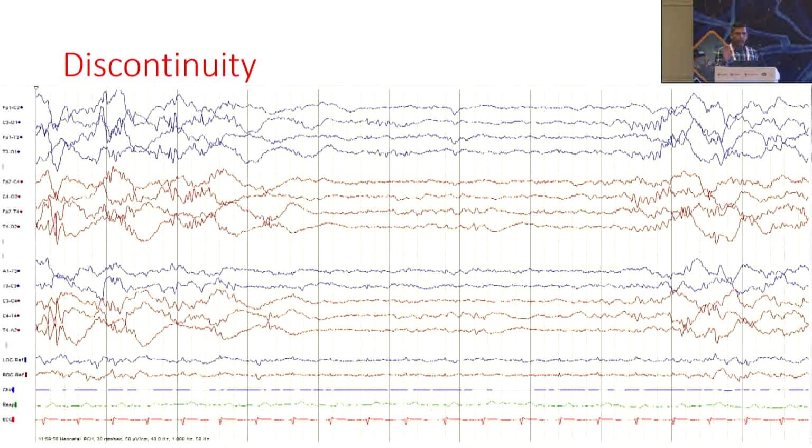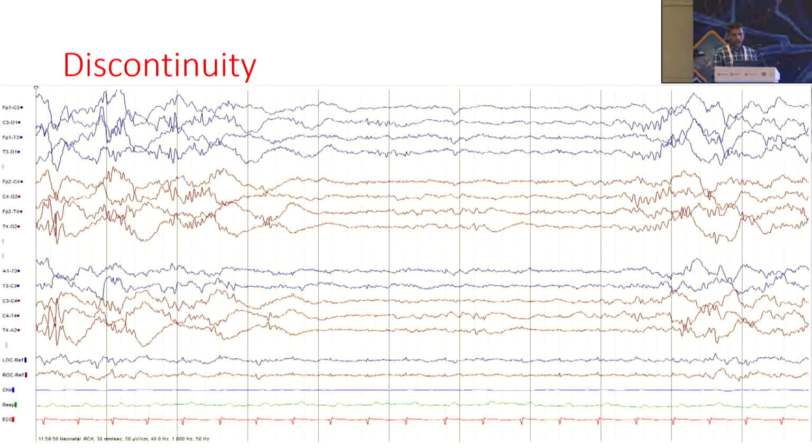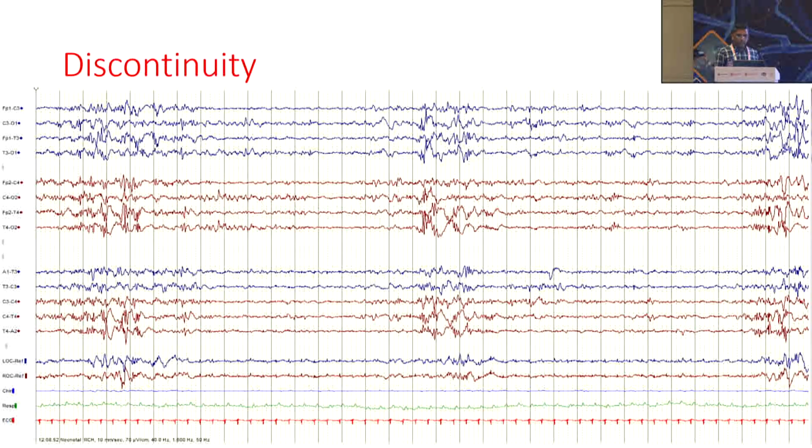So in a full-term newborn, up to 4 seconds of discontinuity is normal. We also look at the amplitude of these discontinuous periods. If it is more than 25 microvolts and less than 4 seconds, this is a normal degree of discontinuity for a term newborn. Many times if the discontinuity is much more, we have to compress the EEG to see how many seconds it is discontinuous.